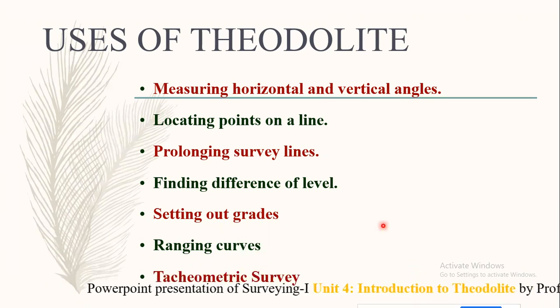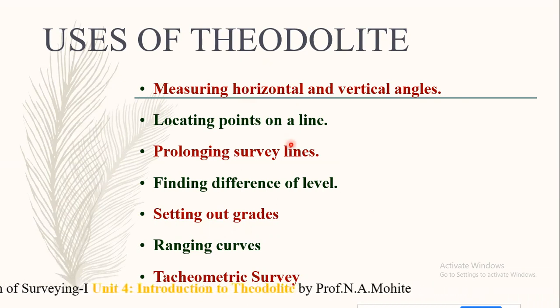Along with this you can deal with measurement of deflection angles and magnetic bearings, determine the vertical height of an object, or the difference of elevation between various points. Those are the various uses of the theodolite.